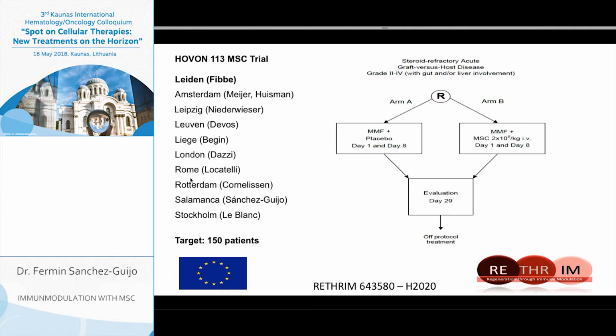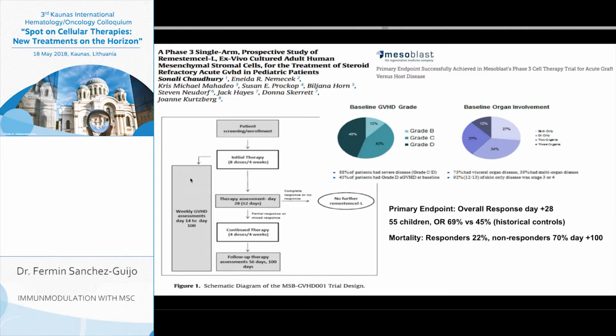And the last data, which hasn't been published yet but has been communicated this year at the American Society of Blood and Marrow Transplantation meeting, are again data from the Mesoblast product, which is the same as the Osiris product, in a pediatric series of patients, but they were not compared with a placebo arm.